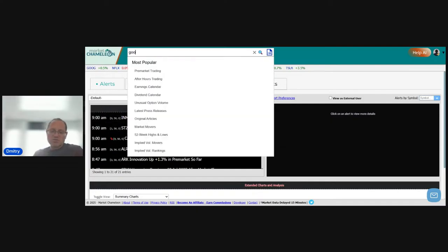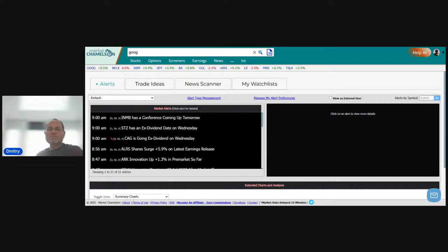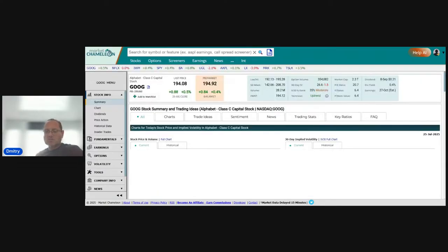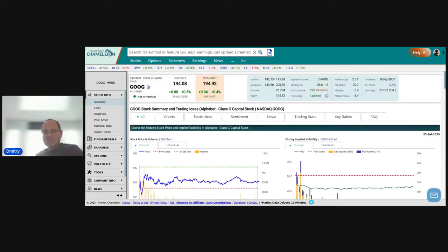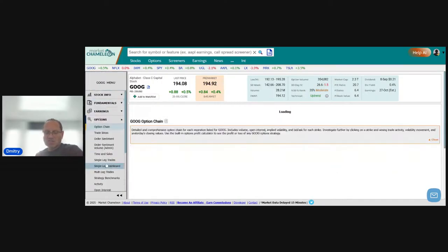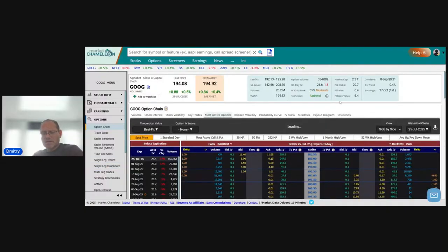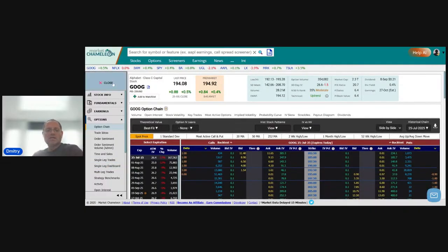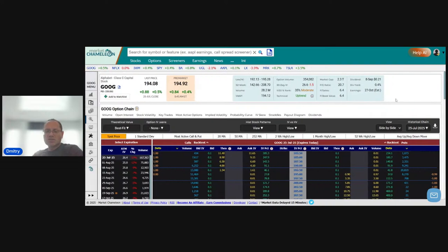Let's type in Google at the top, and this will take us to Google's main page. On the left hand side we have a menu. We're going to click on options, option chain. This will bring up an options chain for Google, and I'm going to click on this menu to minimize it and expand our screen.